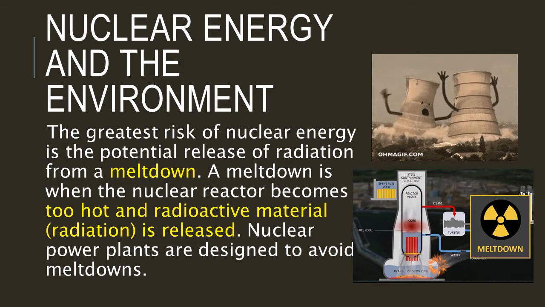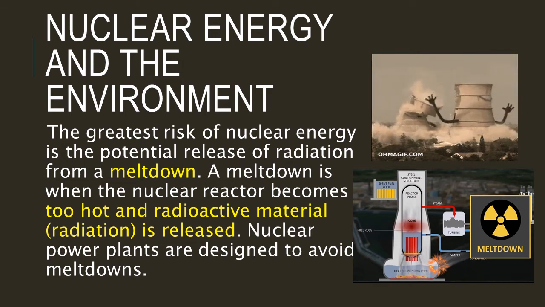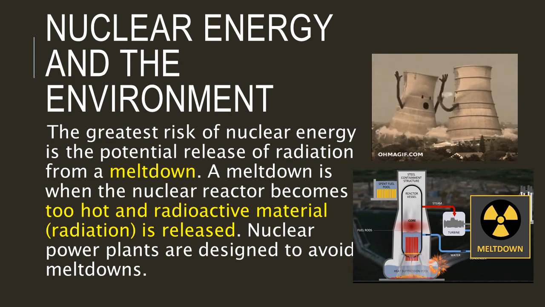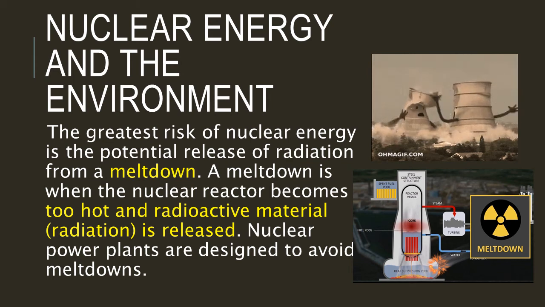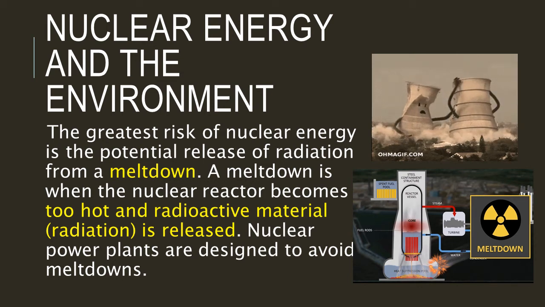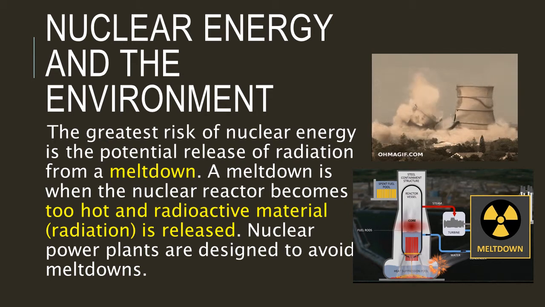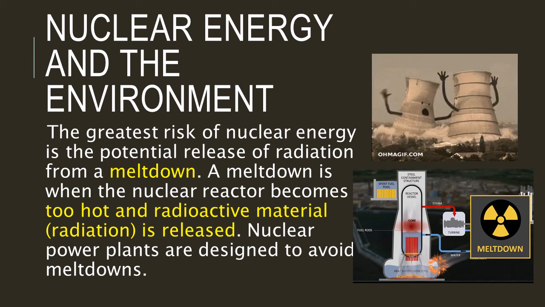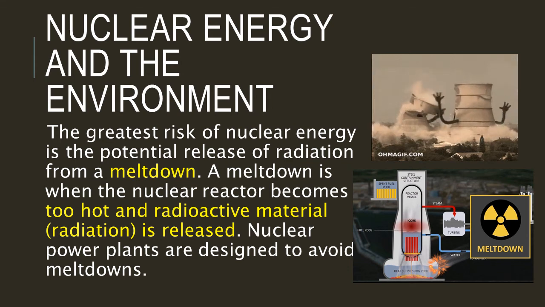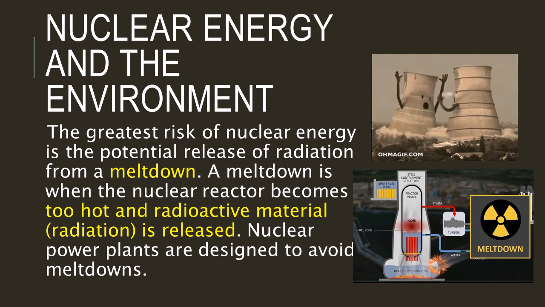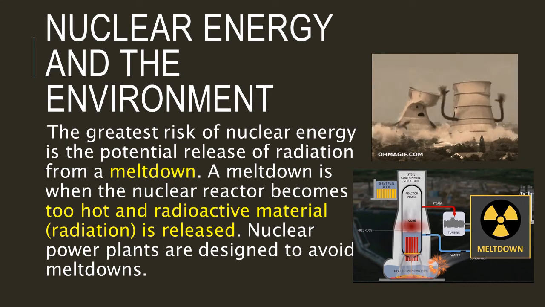The major concern of nuclear power is what's called a meltdown. So the greatest risk of nuclear energy is the potential release of radiation from a meltdown. A meltdown is when the nuclear reactor becomes too hot and radioactive material, radiation, is released. Okay?